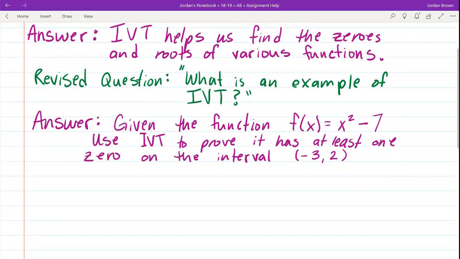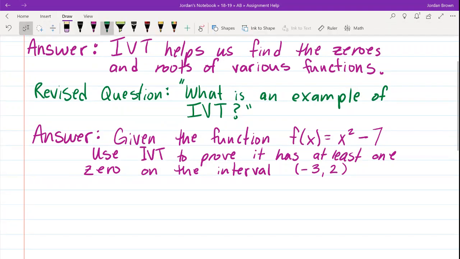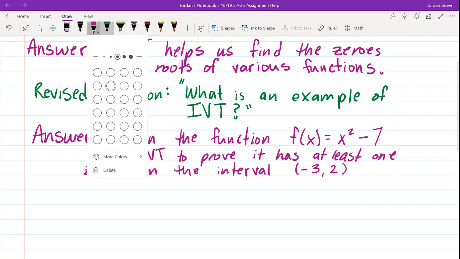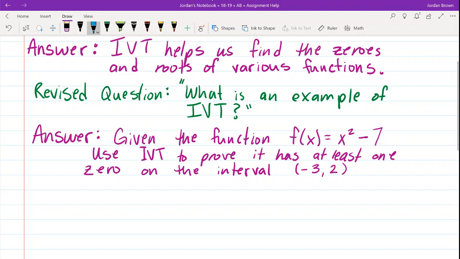So what we do is, using IVT, I'm going to change my color up a little bit here. Alright. So IVT, we just need that it's continuous.